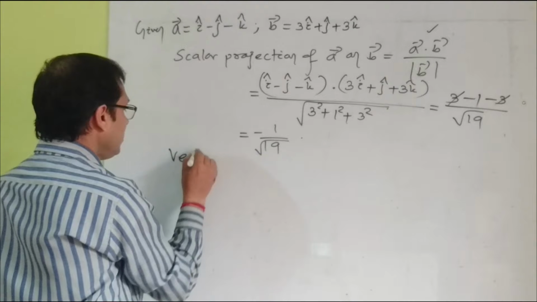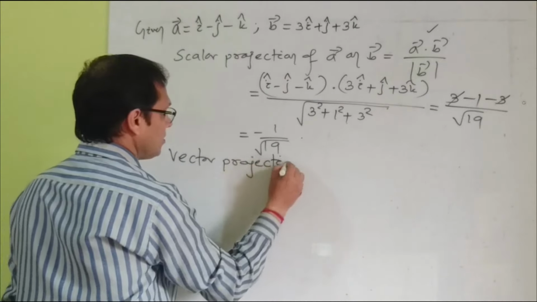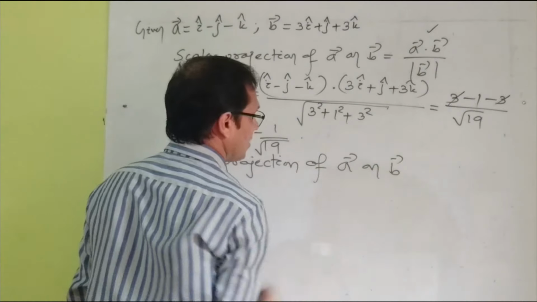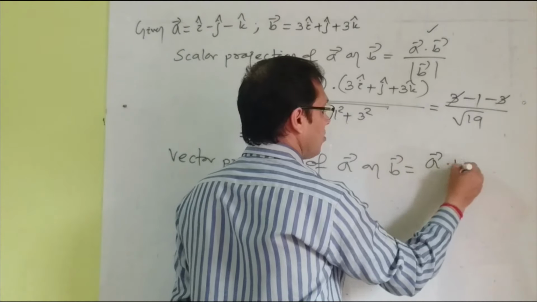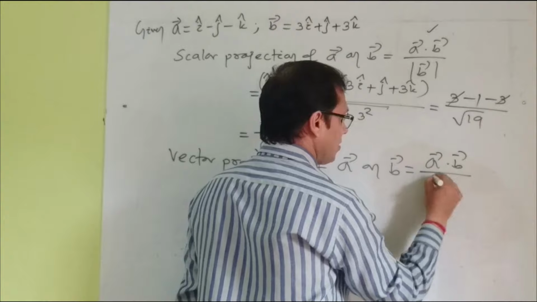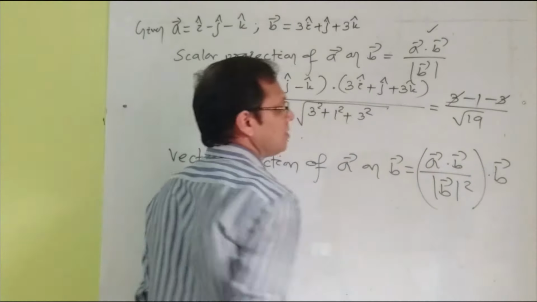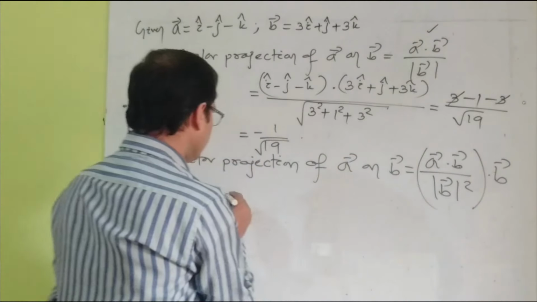Now we'll find the vector projection. Vector projection of A vector on B vector, all of you know, is A dot B by B vector magnitude square into B vector, simply. A dot B we have already found.